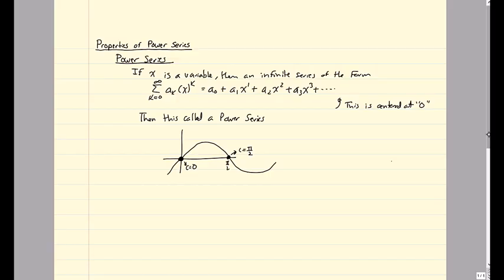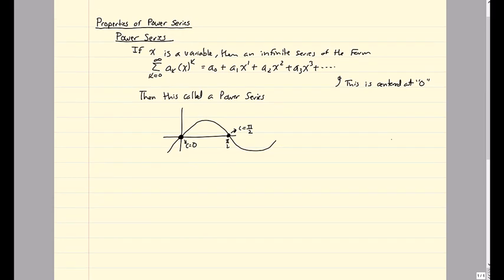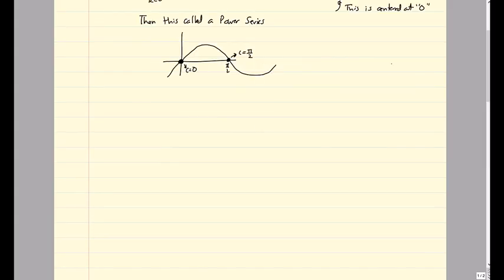Let's look at what it would look like if we had power series centered at different values. Let's look at k equals 0 to infinity of a sub k times x minus c to the k. This is a power series centered at c. We know it's centered at c because of this minus c right here.